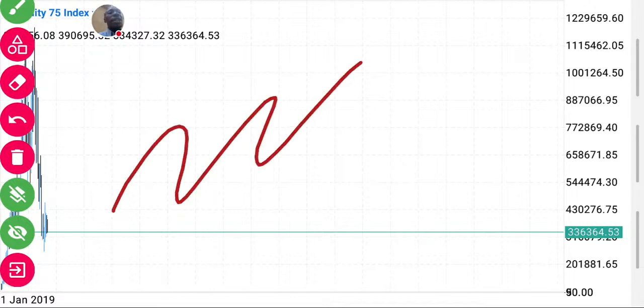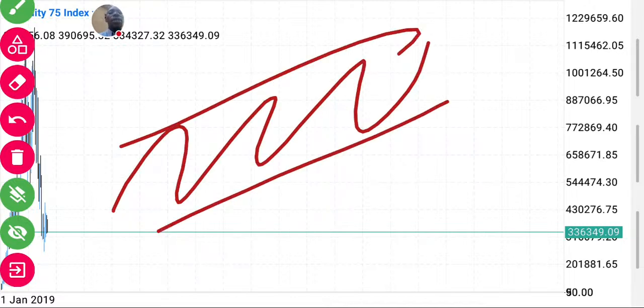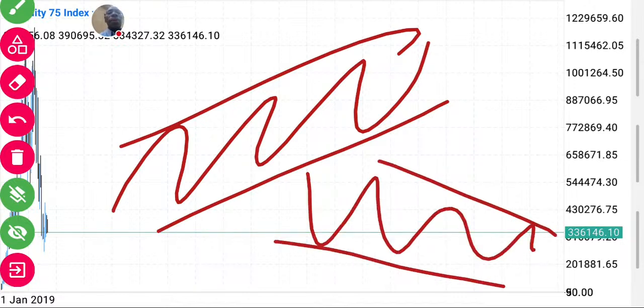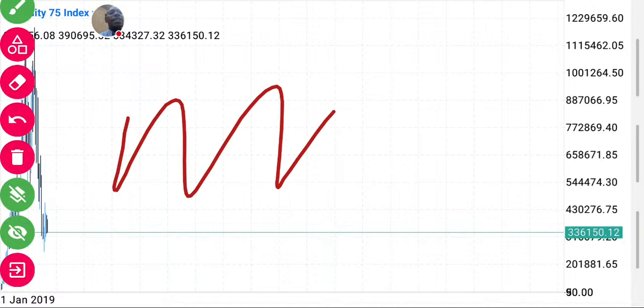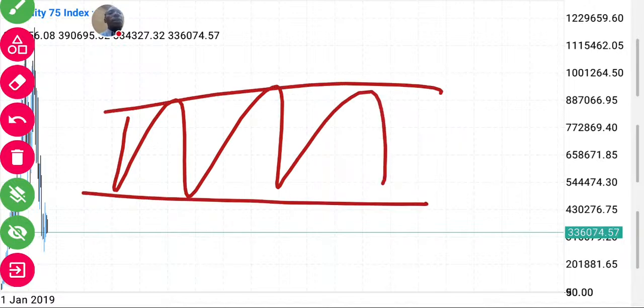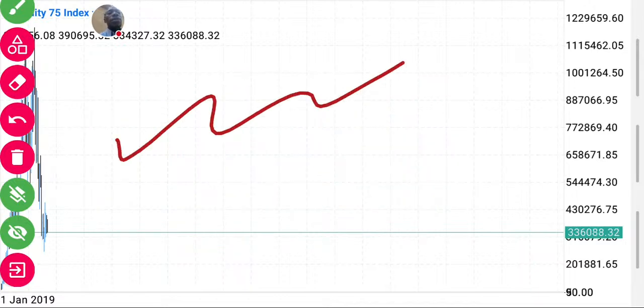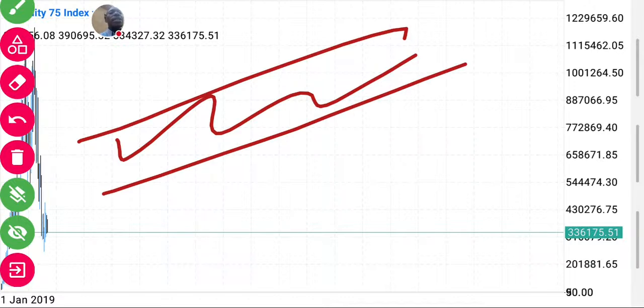Is the market making higher highs and higher lows, or lower lows and lower highs, or is it in a ranging market? That's what we call direction. That is the first thing you have to know.